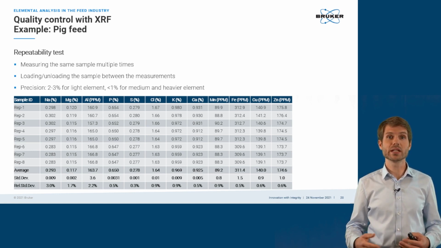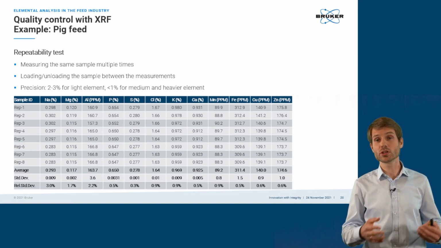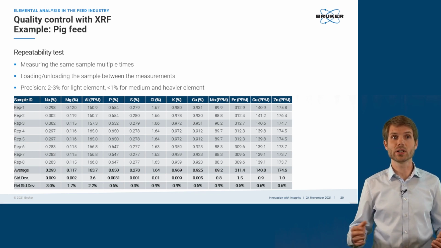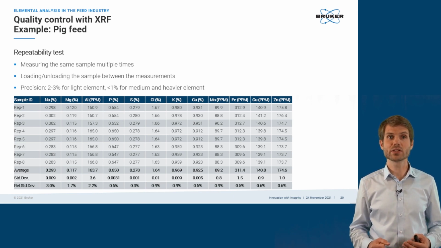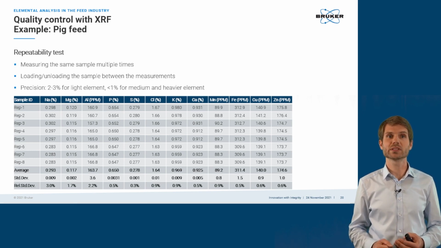And what you see here is that we really have an excellent precision of this solution. Even for the lighter elements, we're talking about 2 to 3% relative standard deviation, while for the medium and heavy elements, we are far below 1% typically, just to give you an example.